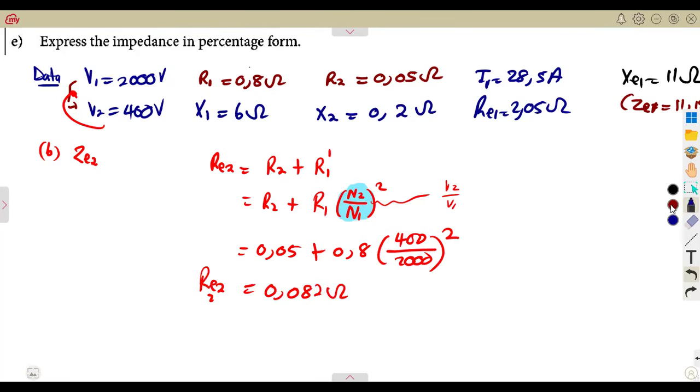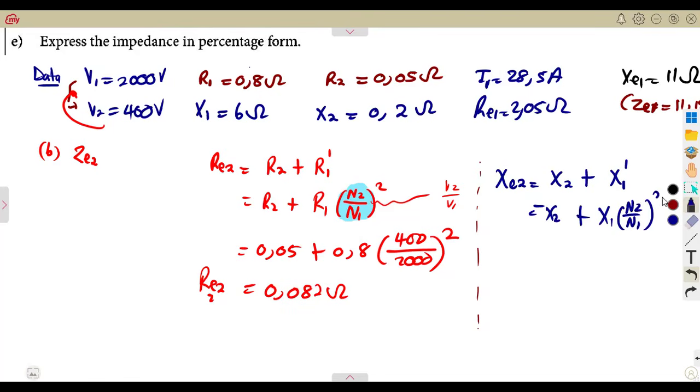We do the same thing with the reactance, XE2. This is going to be taken as X2 plus that referred to the secondary, which is X1 bar. So this will be X2 plus X1 into secondary on top, N2 over N1 squared.